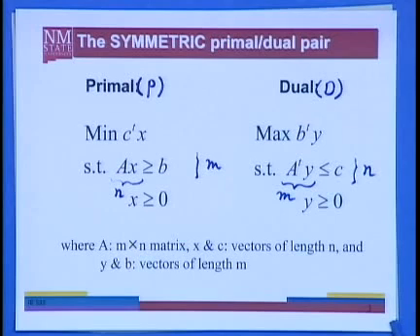Which means for every variable in the primal problem, there is a corresponding inequality constraint in the dual problem.